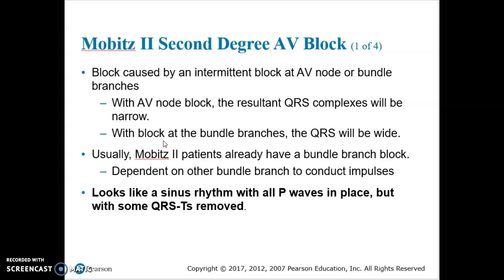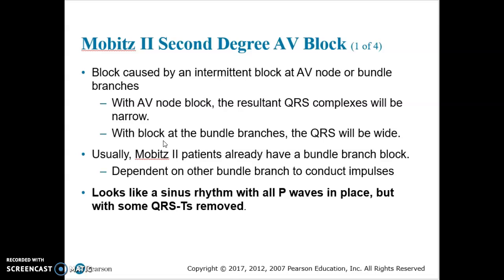If the block is happening in the bundle branches, the QRS is going to be wide because that's down on the ventricular side of things. So we'll know it's in the bundle branches because we can look at that QRS and tell that it's wide, that the problem is happening down in the ventricles.